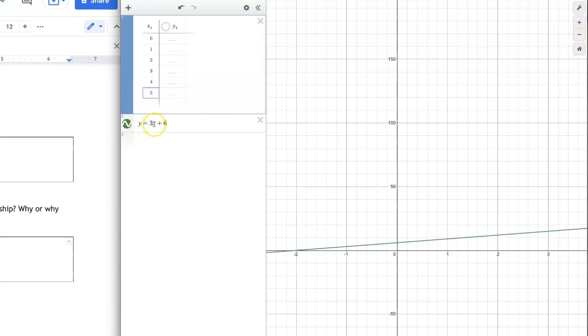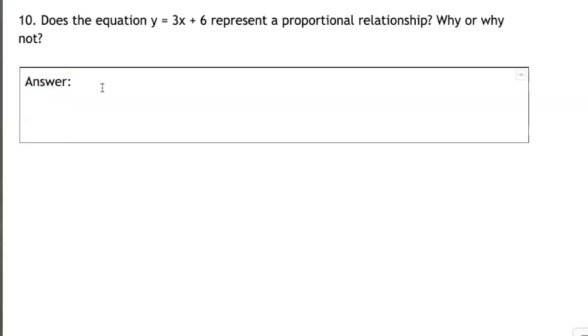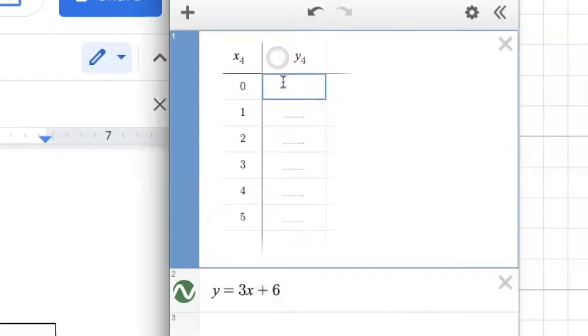Okay, so when we plug in a 0 for x, it would be 3 times 0 plus 6. That's what y will be. So y equals 3 times 0 plus 6. And that will give us our first value of y equals 6 when x is 0.